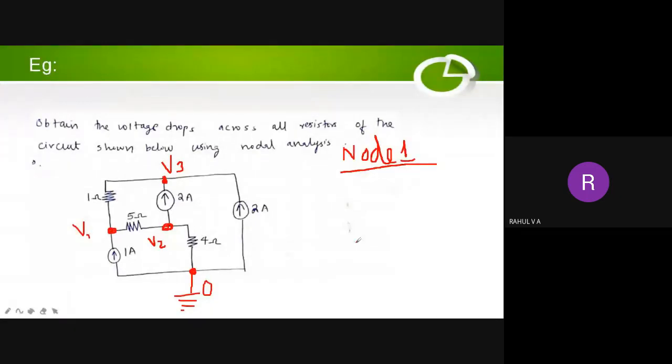Node 1 is this one, this node. Tell me how to write the equation for node 1.